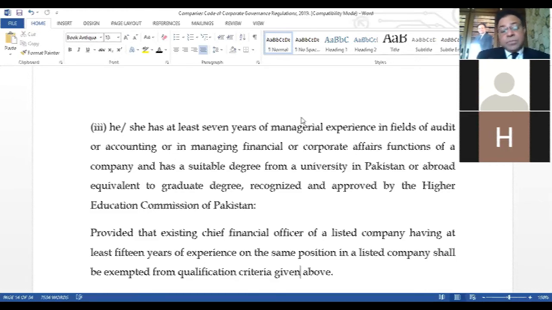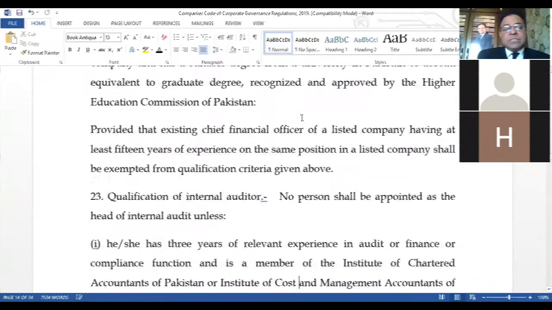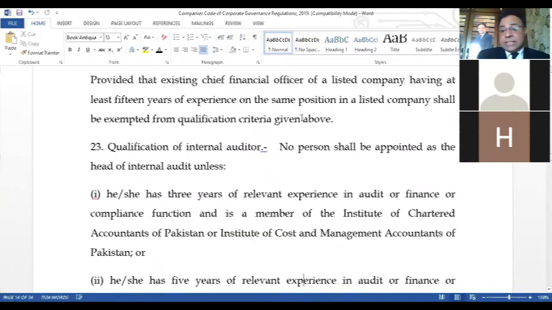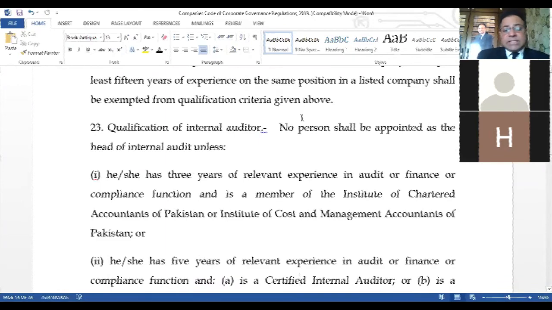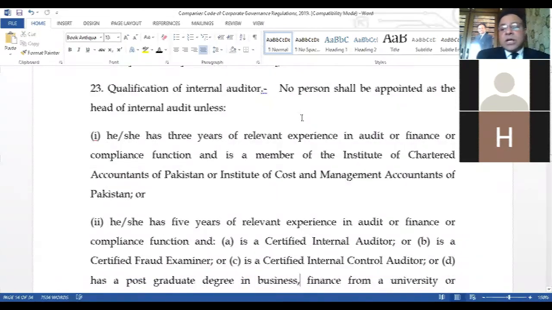So this is why there is a strict criteria given, and at the same time, there are certain exemptions given. And there is, as I said earlier, a clear rationale or logic behind this exemption, which is in terms of experience serving in the same sector, that is corporate sector, and especially working for the listed companies.